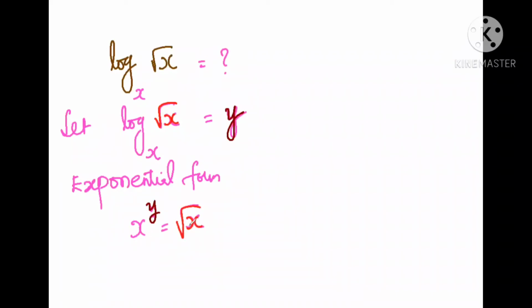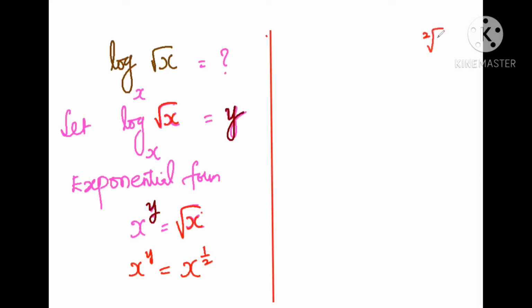Now bases are not equal here. We have to make them equal. How to make them equal? X to the power of y is equal to, root x can be written as x to the power of 1 by 2. This is radical form, this is exponential form. Here 2 will be there, here 1 will be there. Remove this radical sign and write 1 by 2. Here root x means square root of x, which can be written as x to the power of 1 by 2.